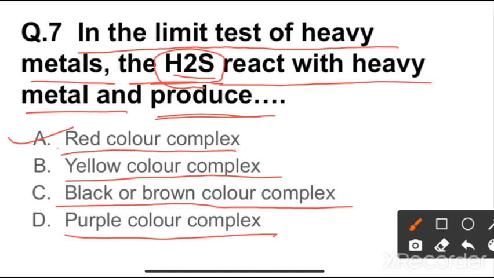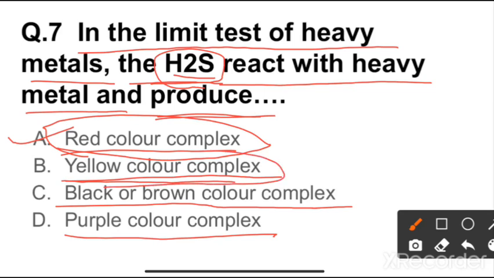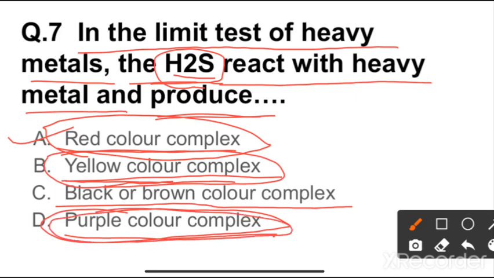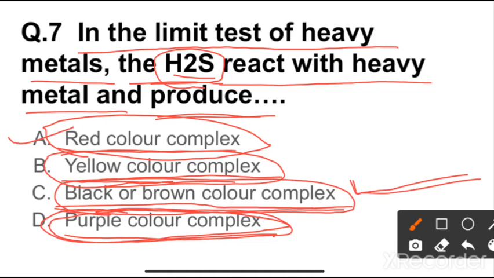Now here red color complex is formed in the limit test of lead, yellow color complex or yellow stain is formed in the limit test of arsenic and purple color complex is formed in the limit test of iron. So correct option is option C, the black or brown color. Depending on the concentration of heavy metal present in the sample, black or brown color complex is formed by reaction with hydrogen sulfide.